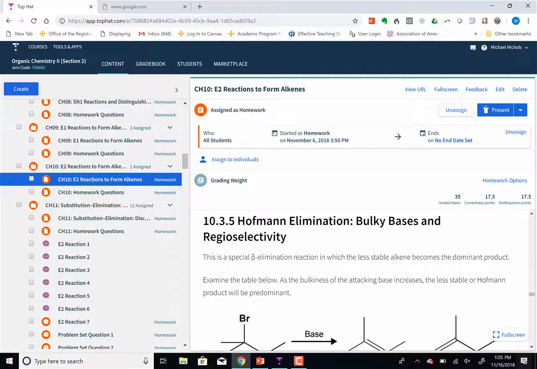One of the things that they talk about here is they introduce the idea of Hofmann. So we've talked about whose rule is it that you form the most stable double bond? That's Zaitsev's rule. There's also a Hofmann elimination, but I don't normally use that term.